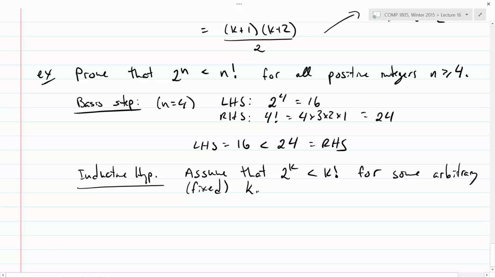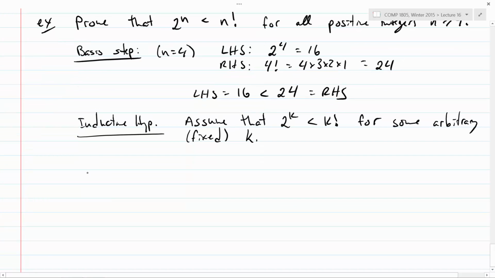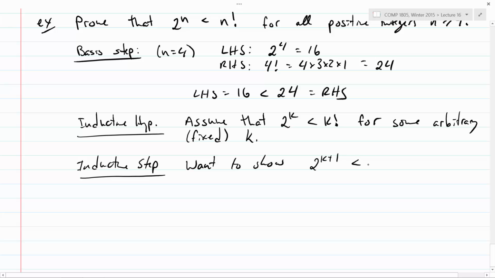I usually say arbitrary, but people do say fixed, and I want you to be able to read that if you see it. All right, so what we have to do in our inductive step is we have to show that 2 to the k plus 1 is less than (k plus 1) factorial. That's what we have to show.